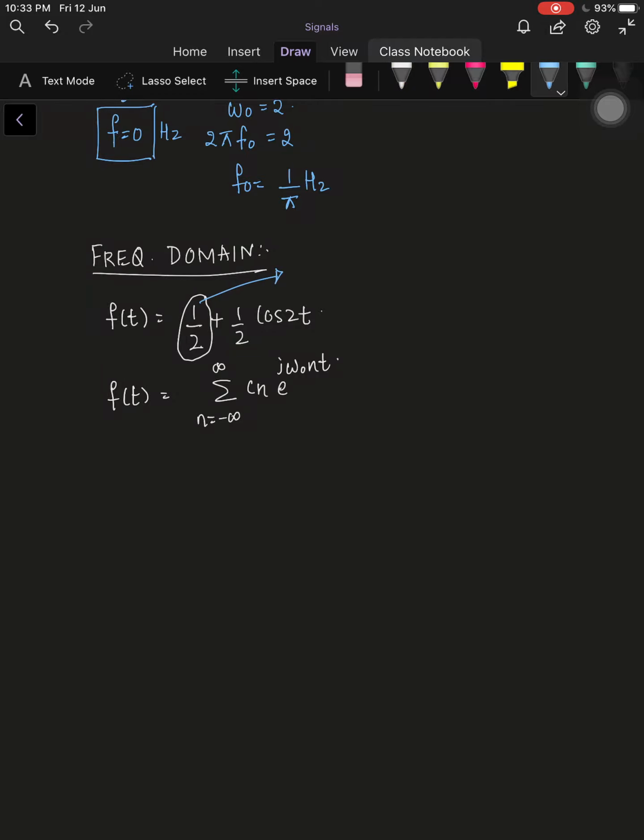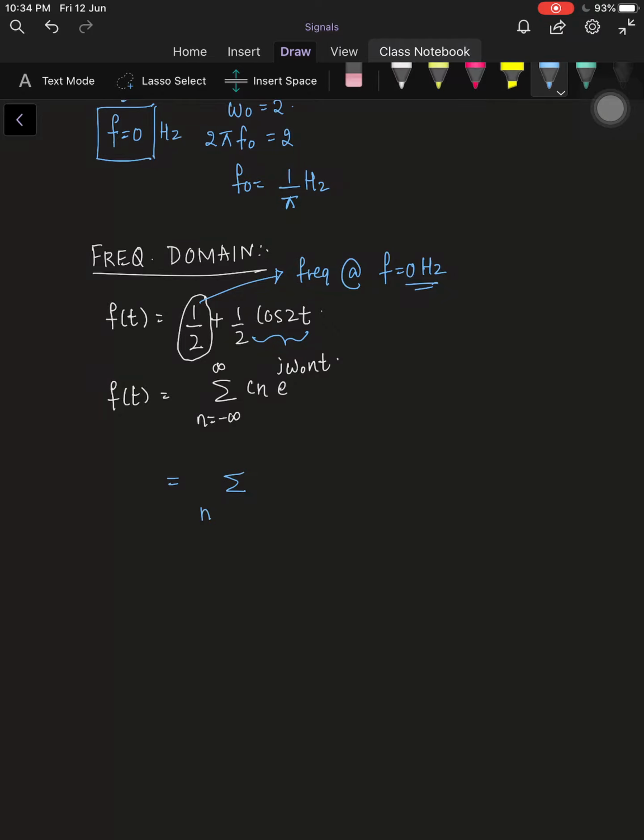This represents frequency at f equals 0 hertz. So we'll just concentrate on the second sinusoidal component: when a specific signal is given, how do you express this in terms of the Fourier coefficients?